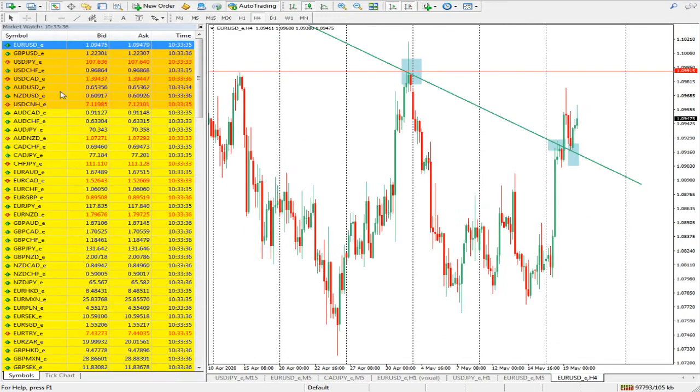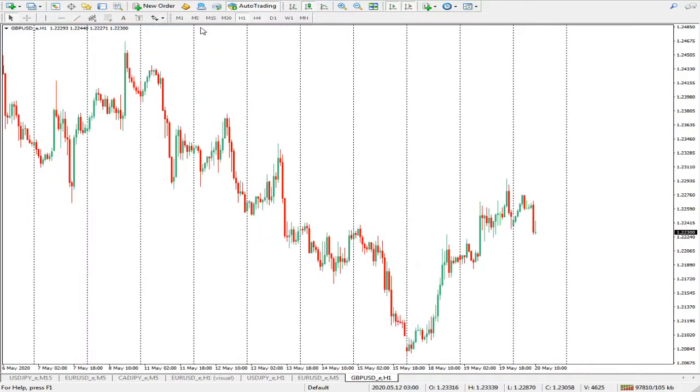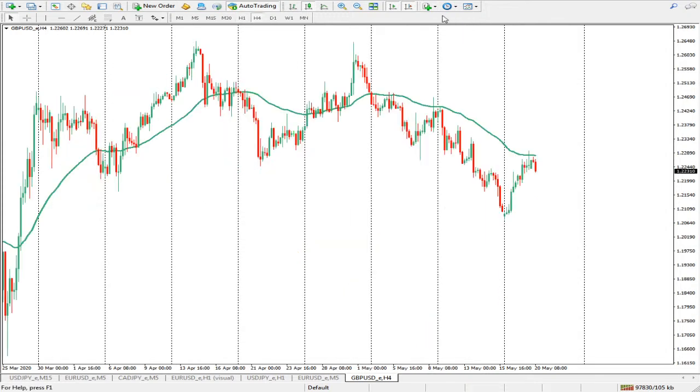The next symbol is GBP USD. Somehow we are still downwards on this chart. I'm going to add a moving average, 50 simple moving average, like that. If you place it on the chart, you can see that we are still downwards. And then I'm also going to add the alligator.